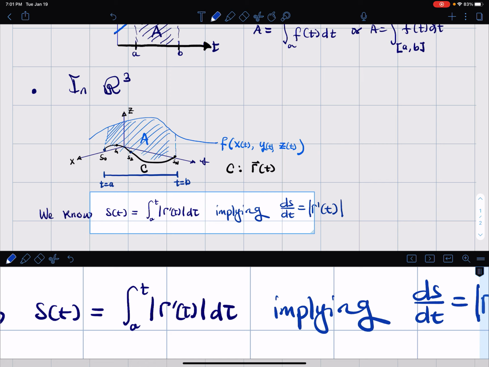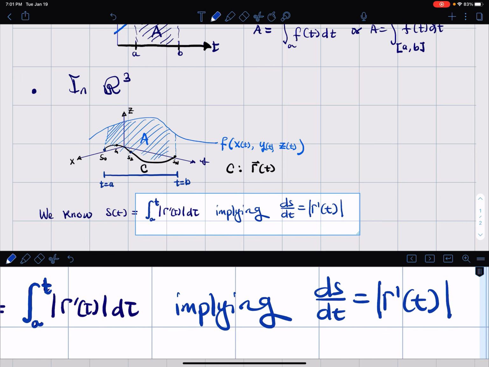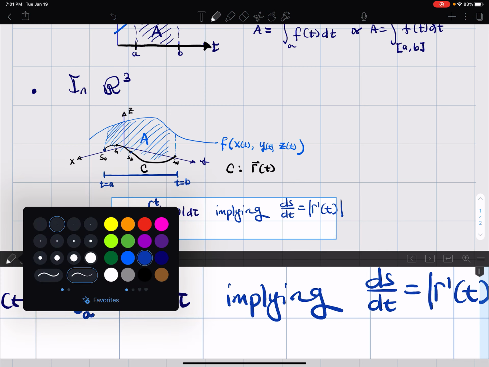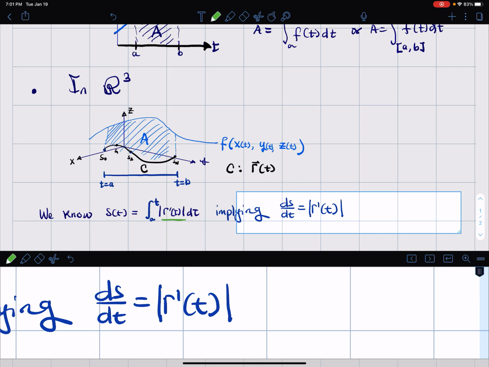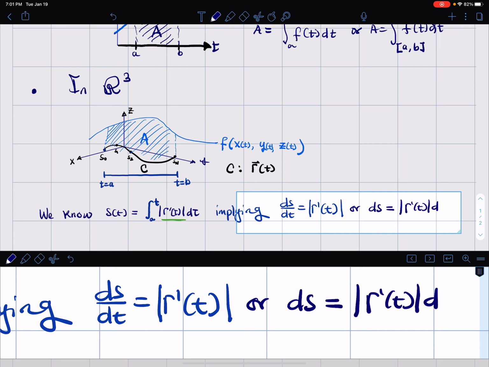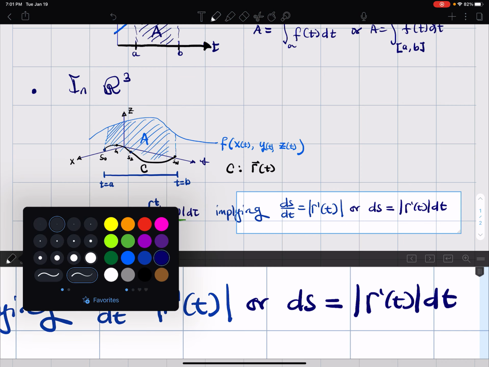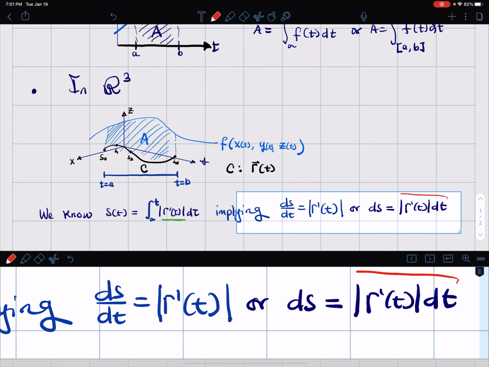Whenever you have an integral from a constant to t, if you take the derivative of the integral, you're just left with whatever is inside the integral. So another way of writing this is that ds is now equal to the magnitude of r prime of t dt. All right, this is what we want.